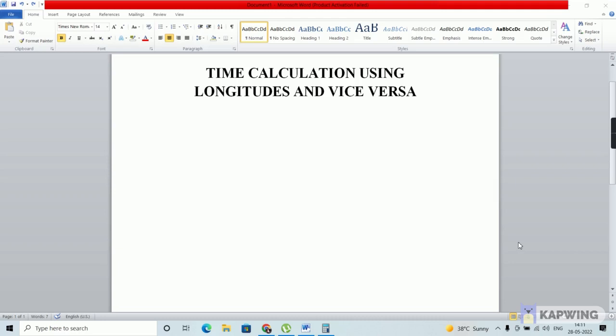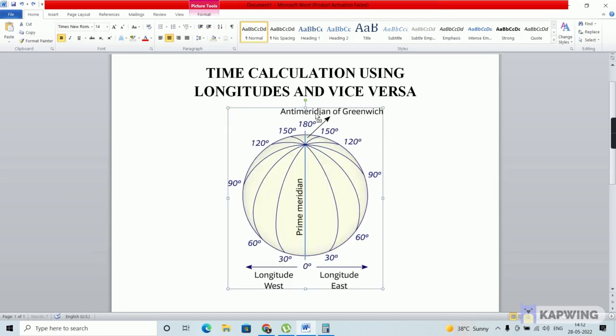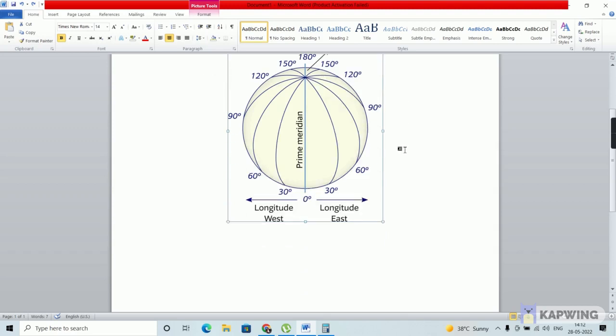As you can see from this picture, each meridian has another arm on the other side of the globe, so that the entire globe is covered by longitudinal lines of 360 degrees in total.